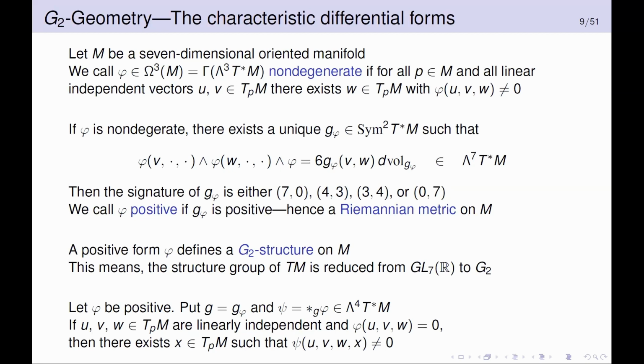But if you have a triple of 3 vectors, U, V and W, on which phi vanishes, then at least you find a 4th vector X so that psi doesn't vanish. So psi is non-degenerate relative to phi. And this condition will appear once more at the end of this first talk.